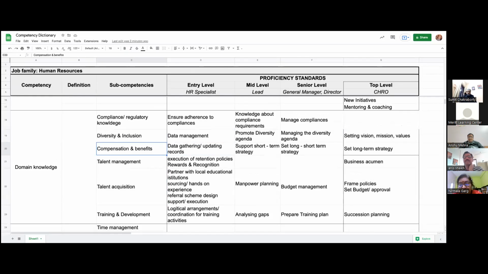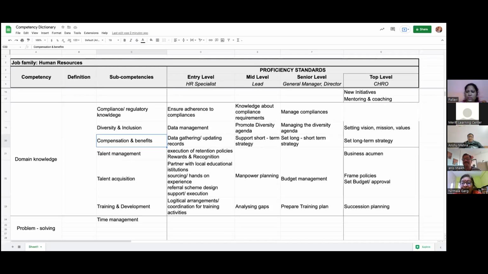Now, Pallavi was mentioning, ma'am, I'm having a doubt as though it is a job description. I'll tell you what. Why did you feel it is a job description? Because of the way it has been written. Exactly. True. So there is an art of writing when you're doing a competency dictionary.